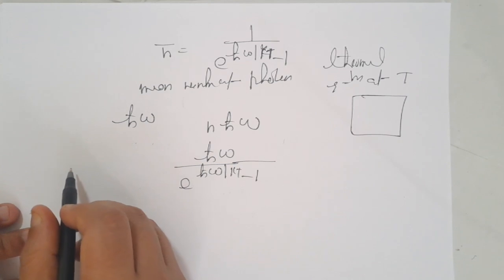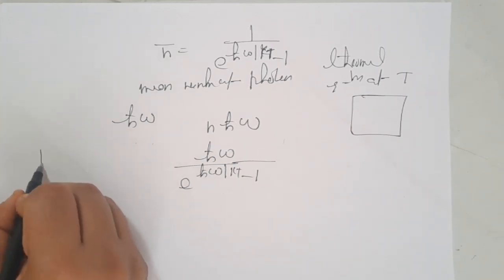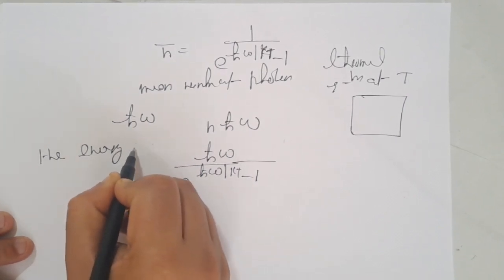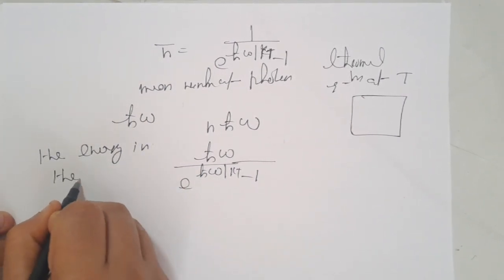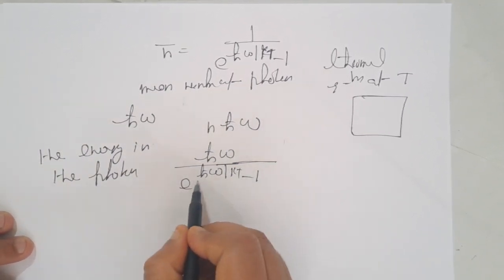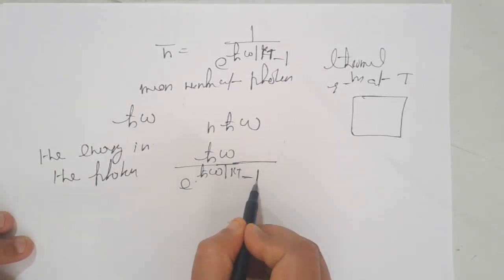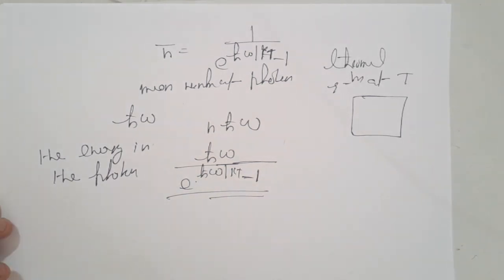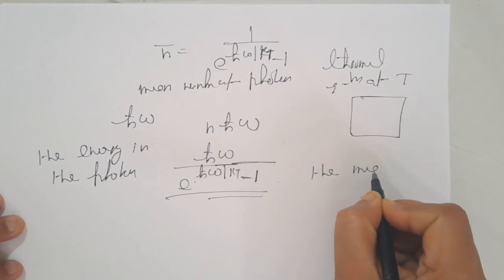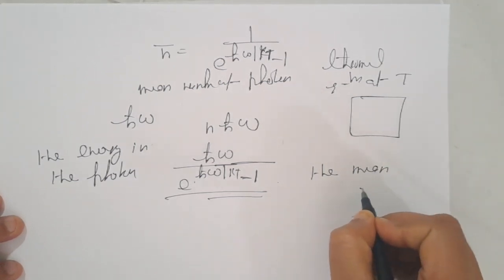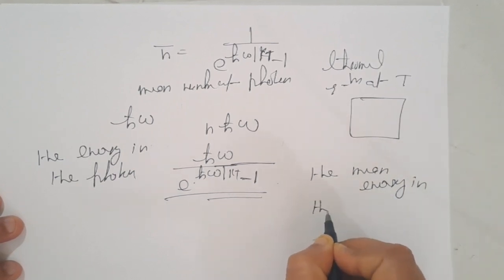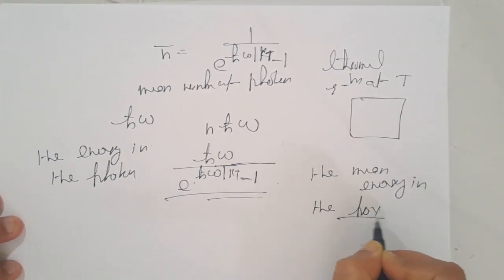This is the energy in the photons, h bar omega divided by (e to the power h bar omega by kT minus 1). This is also the mean energy of the photons in the box.